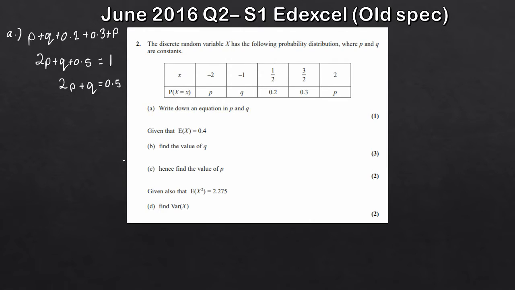Part b now, so we're given that the expectation of x is 0.4. It just wants us to find the value of q. So remember, just like we did previously, do your x value and then multiply it by the corresponding probability.